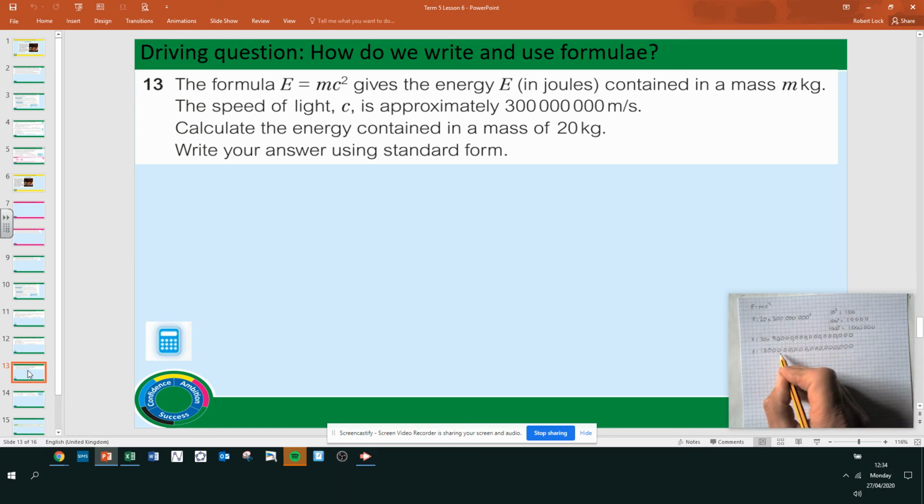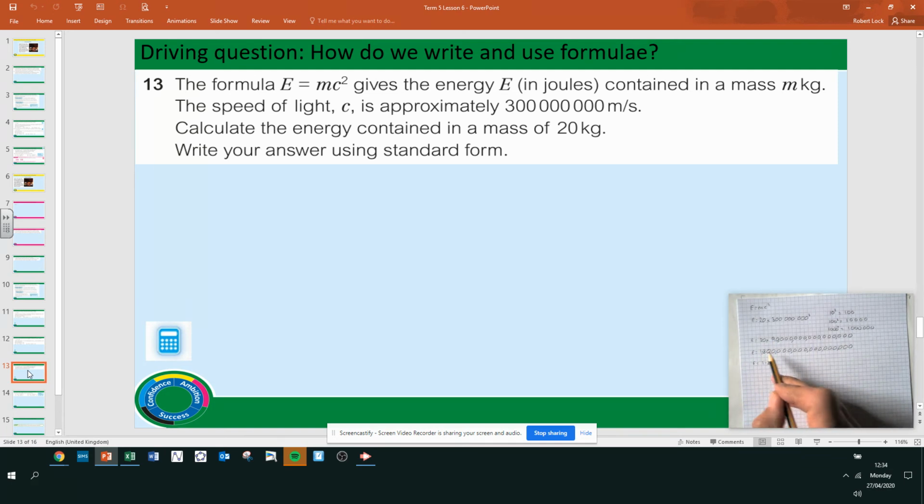Now, it asks us to put it in standard form. Standard form is a number between 1 and 9.9. To make this number into that number, the decimal place will fall between the 1 and the 8 to make it 1.8. So E equals 1.8 times 10.